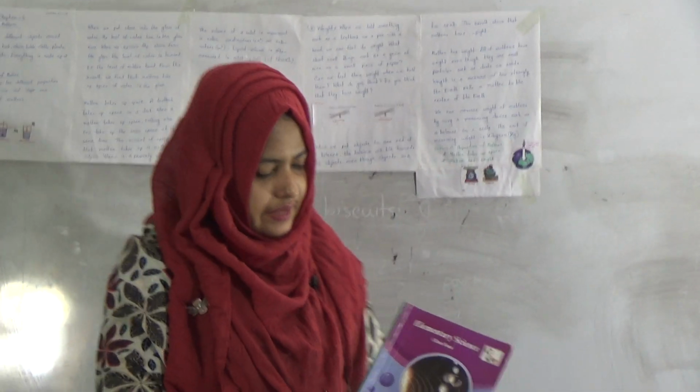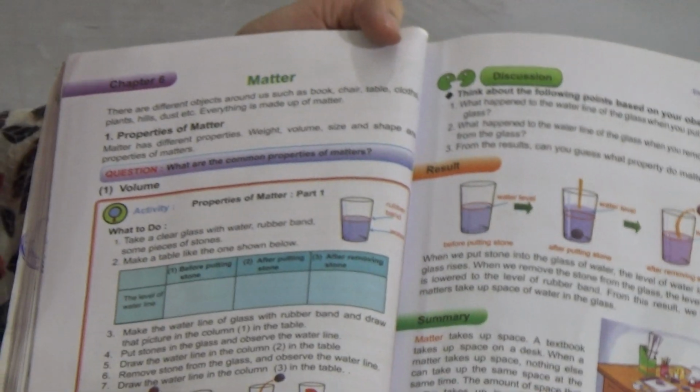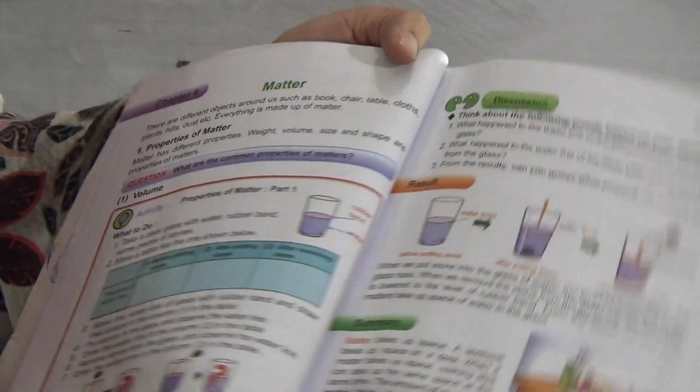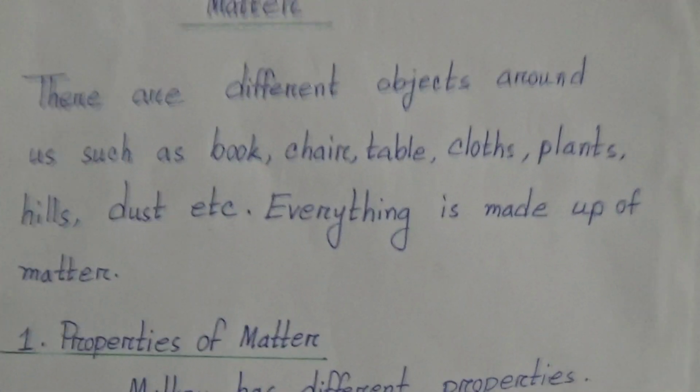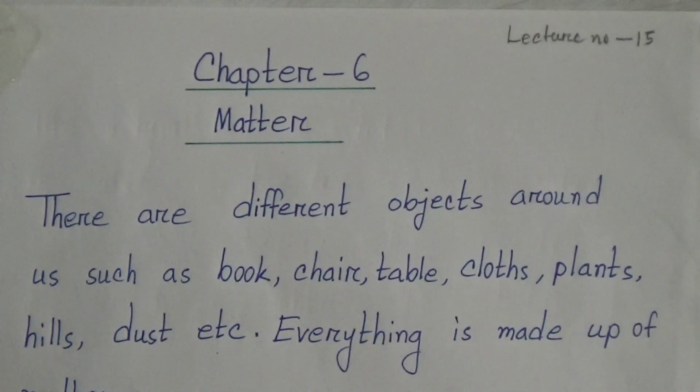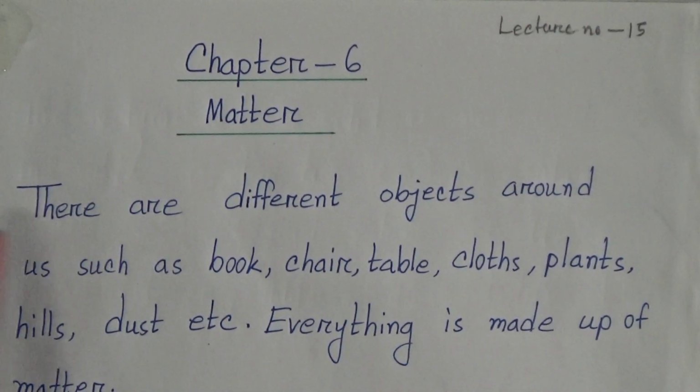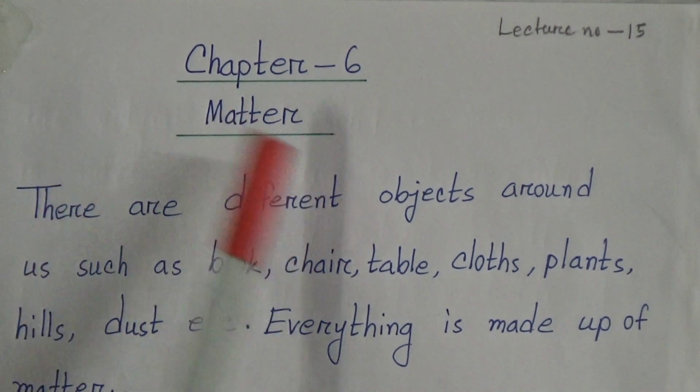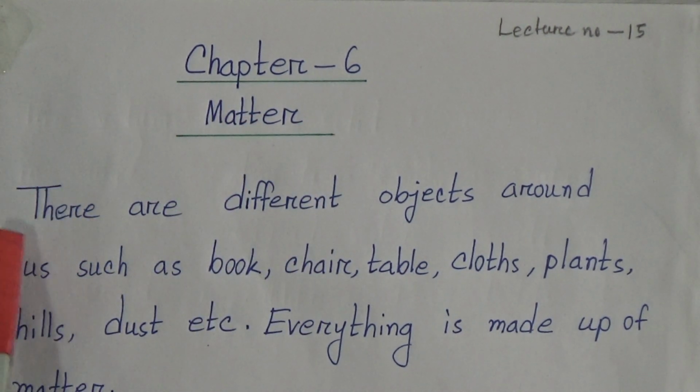And this is your science book, and our today's topic is here, page number 40. So dear students, let's begin the class. You can see I have written here today's topic, from page number 40 to 43, and here is the topic, Matter. Chapter 6, Matter.